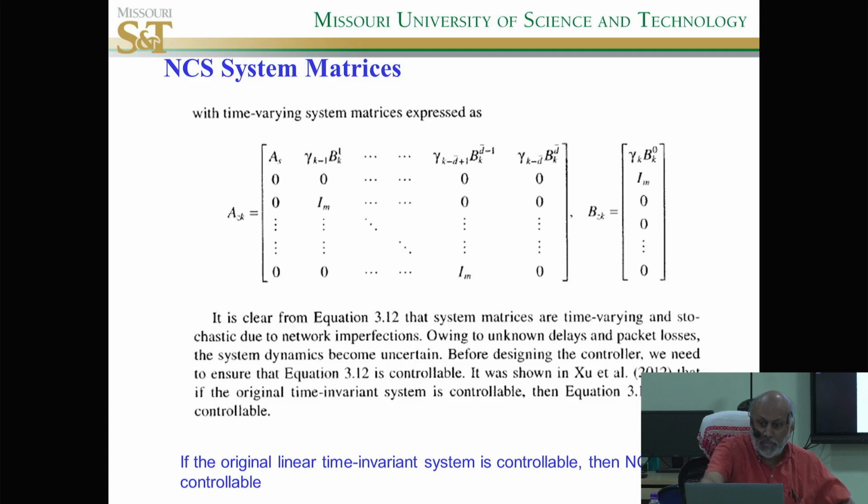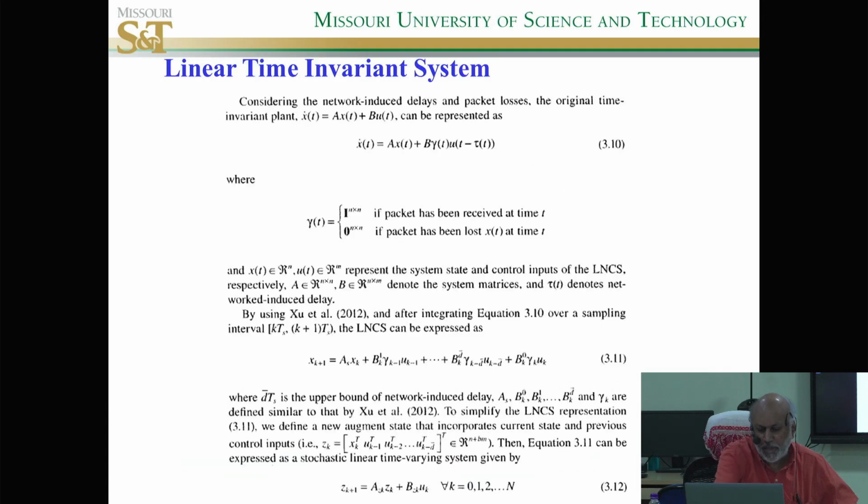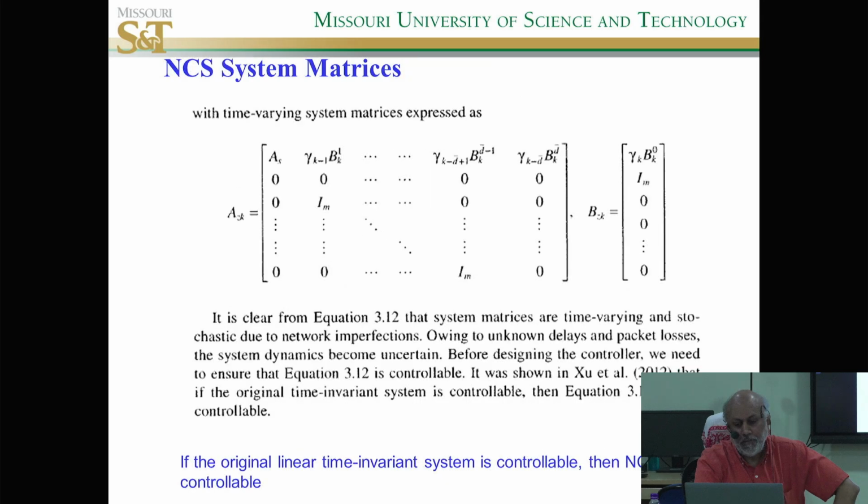You see that the vector z_k essentially has x_k and previous values of the input all the way to d bar. So depending on how many delayed values of the input you take, the dimension of that vector changes. Because that changes, A_zk has to accommodate it. Therefore, the dimension of that matrix A_zk will be different. You see? Okay? So don't forget that.